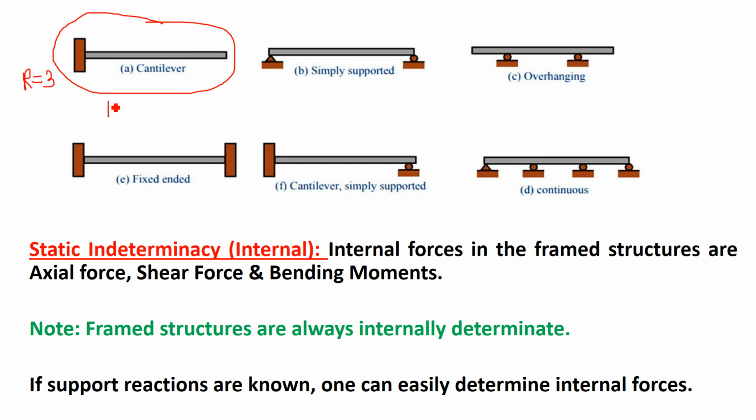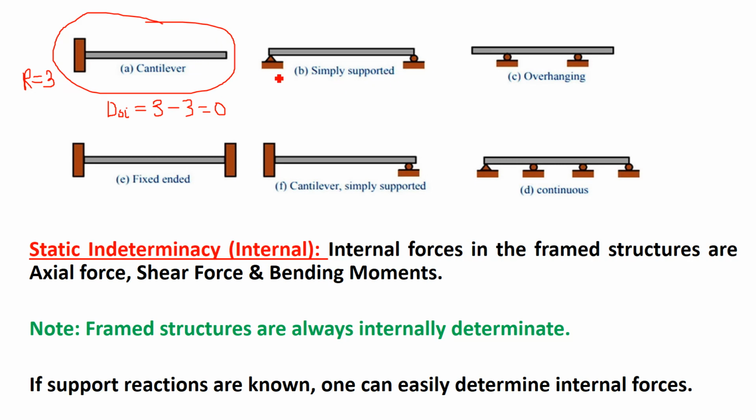So DSI equals capital R minus small r, 3 minus 3, which is 0. It means the cantilever beam is statically determinate externally.